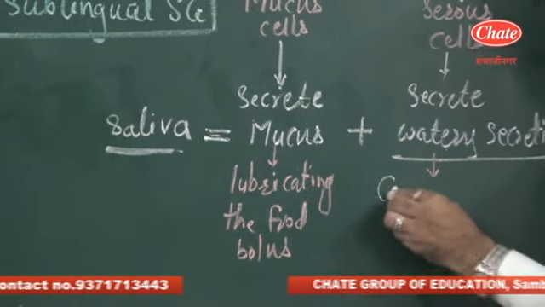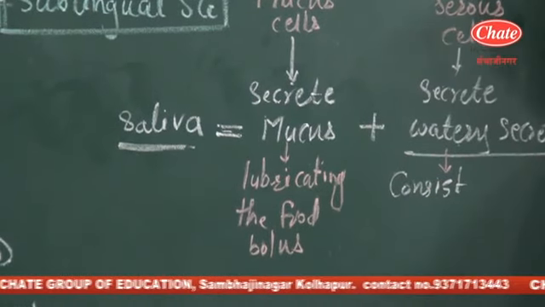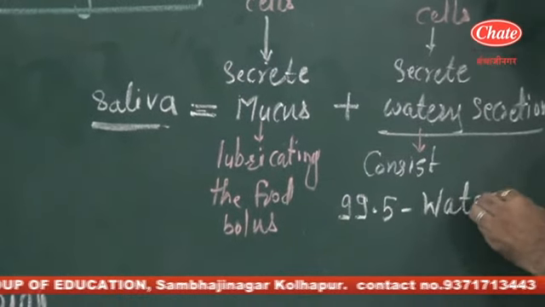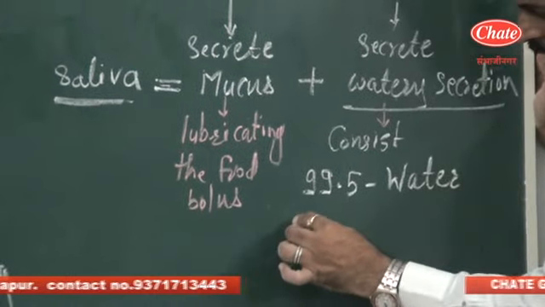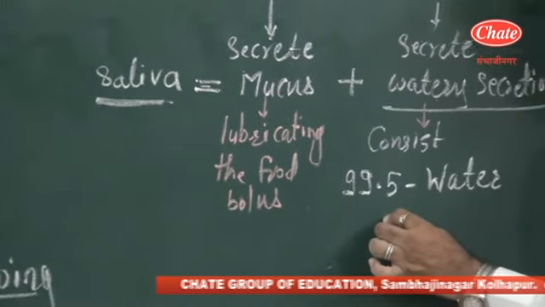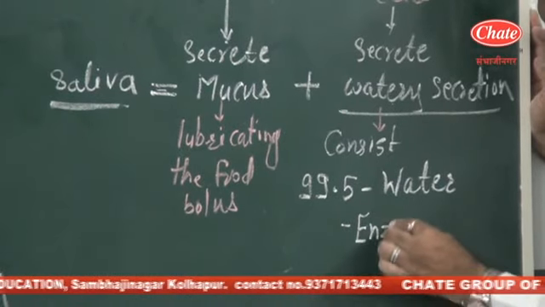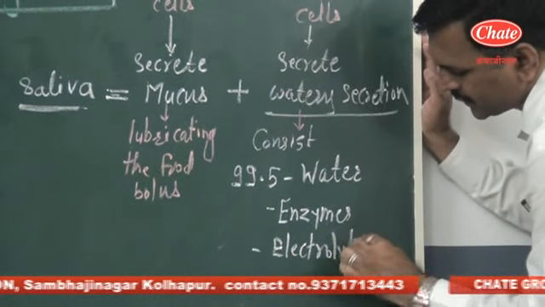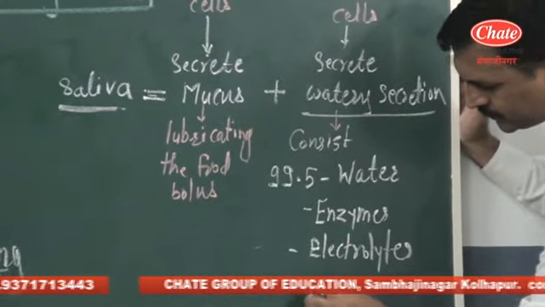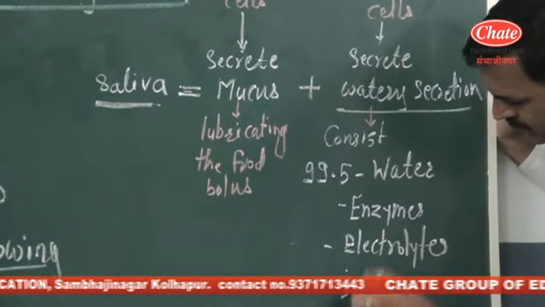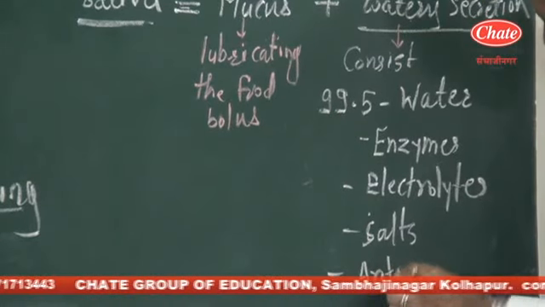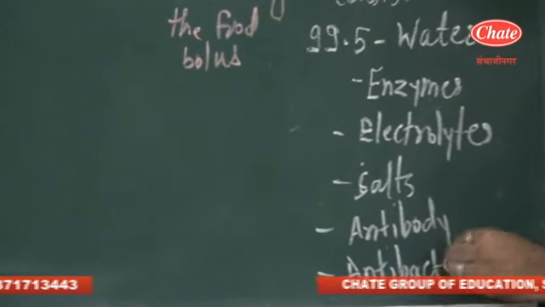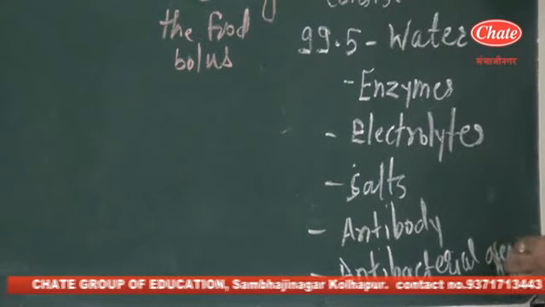secretion consists of 99.5% water, while in the remaining 0.5% there is presence of enzymes, then electrolytes, then salts, antibody and antibacterial agents.